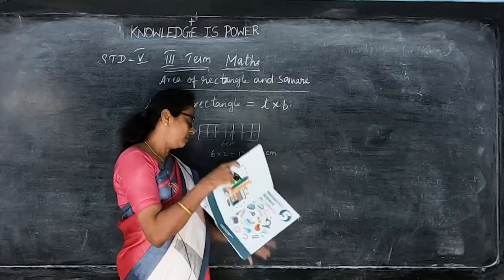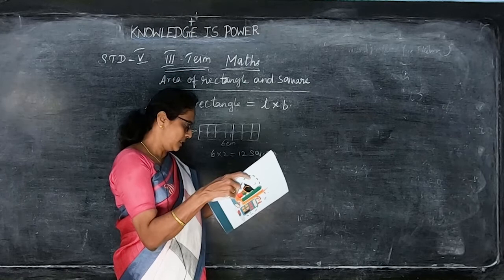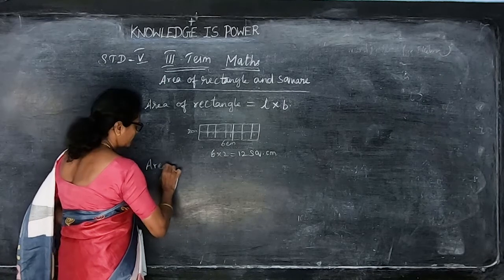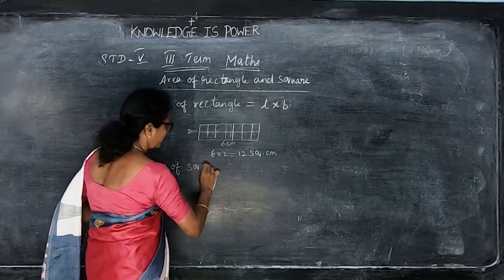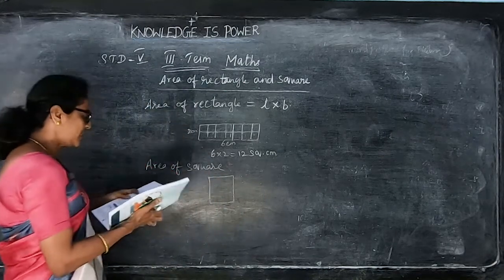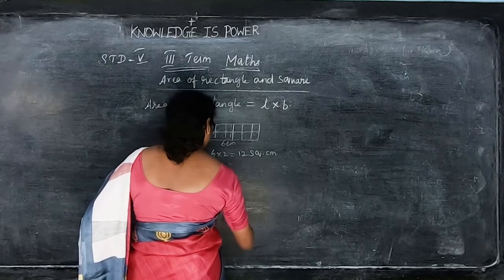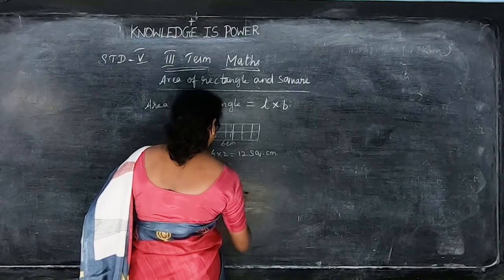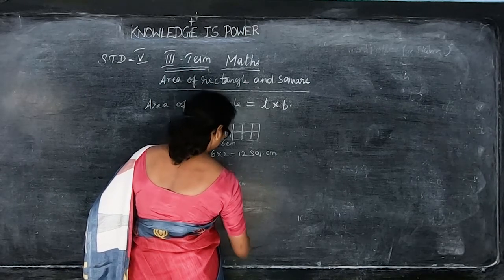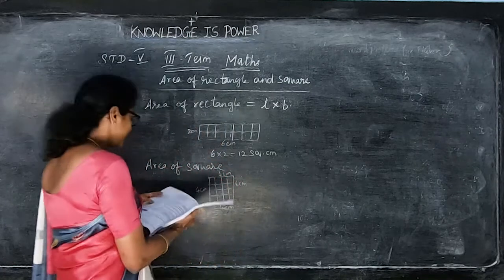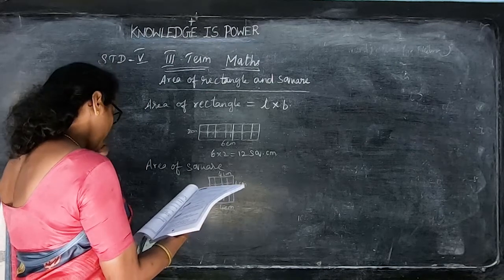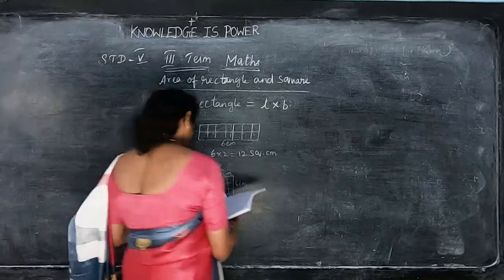Now we will move on to the area of a square. All the 4 sides of a square are equal. 1, 2, 3, 4, so this is also 4 centimeter on each side. So what's the formula for the area of the square?